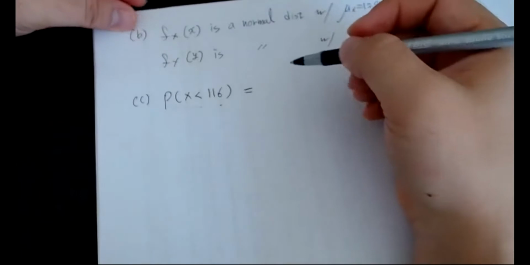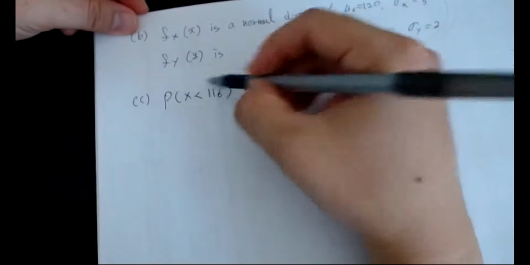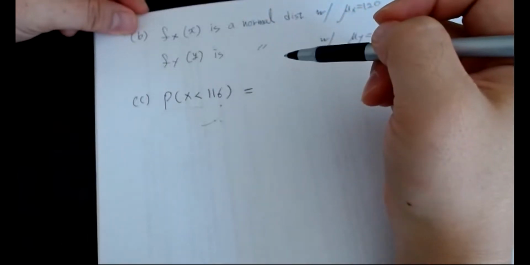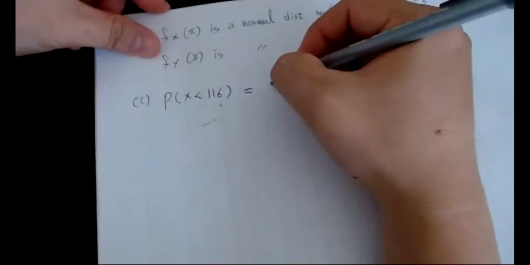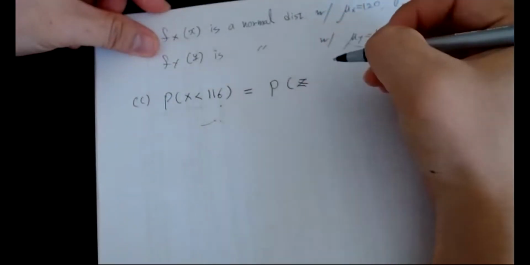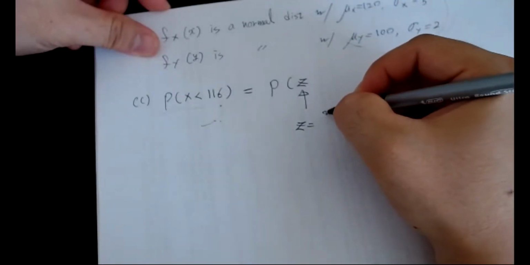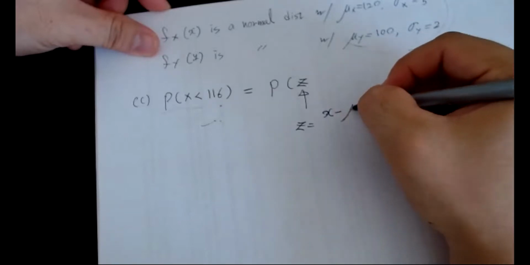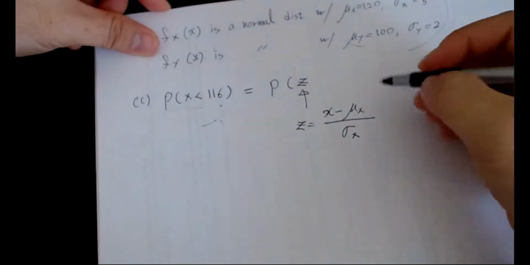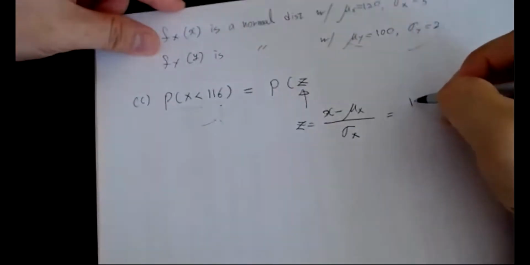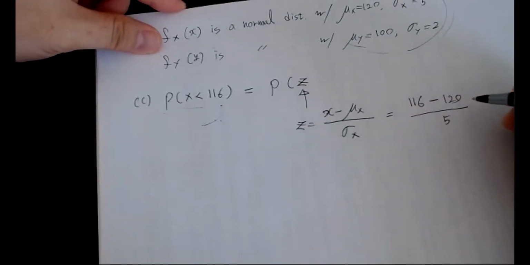So we can find this using the normal distribution curve. We find the z-score. Remember that? The z-score is x minus mu x divided by sigma x. So here x is 116, minus mu x of 120, over sigma x of 5.